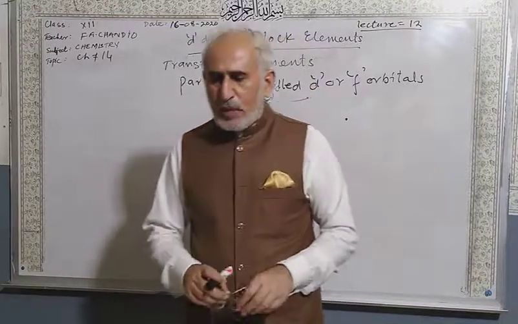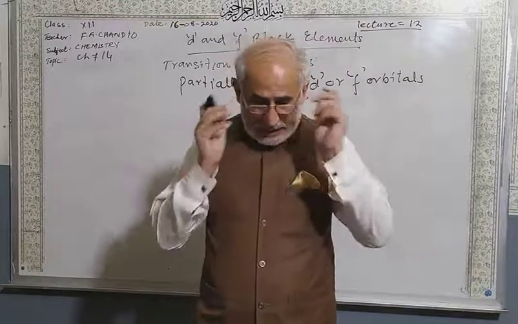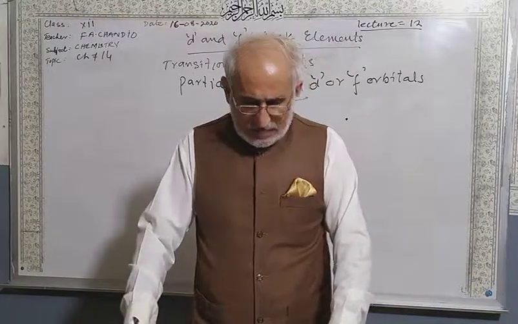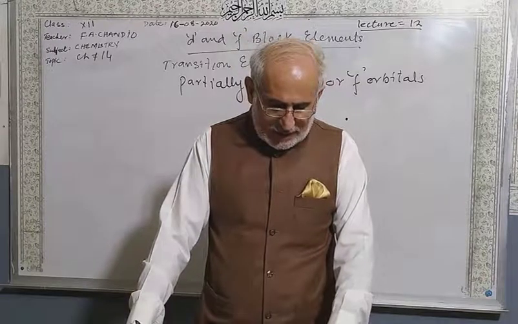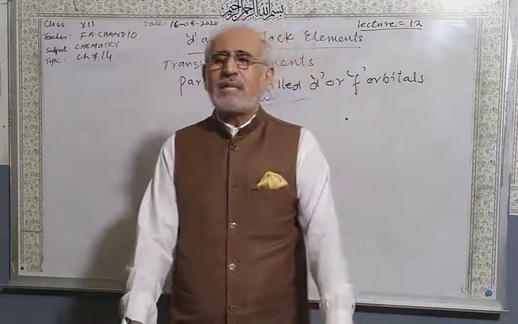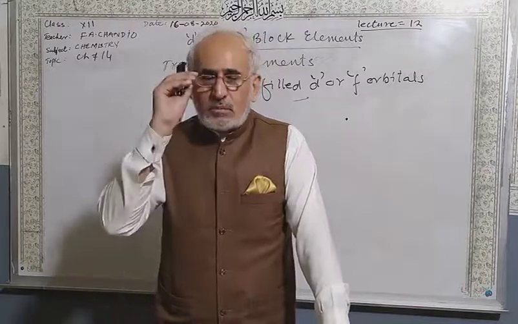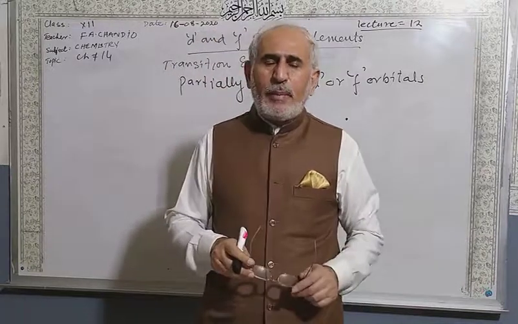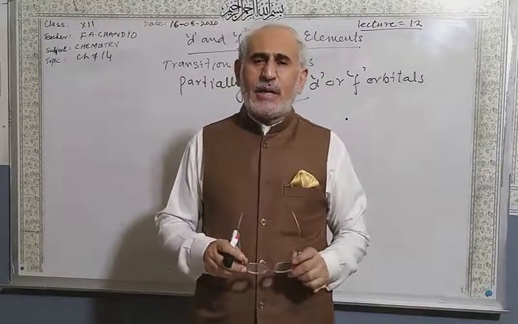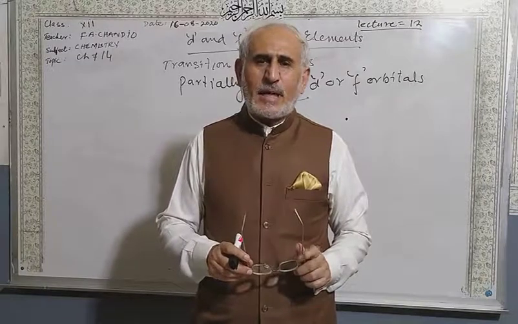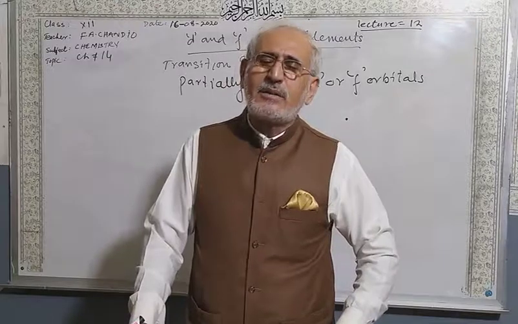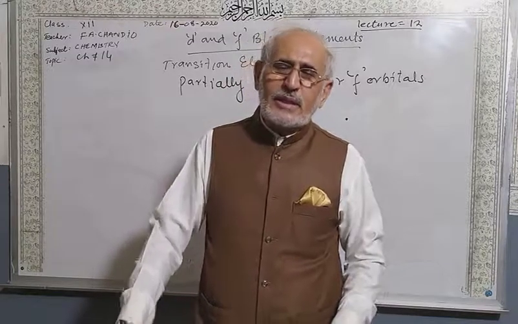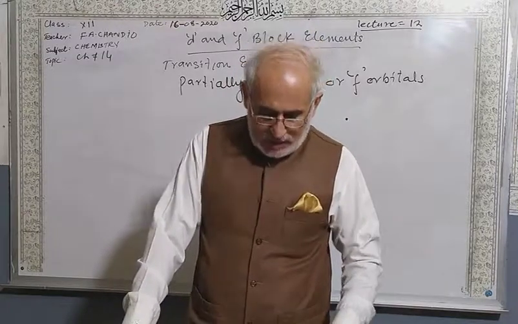Now if you see the periodic table, in these D block series, the first series starts from scandium, Sc, atomic number 21, symbol capital S small c, to zinc, atomic number 30, capital Z small n.